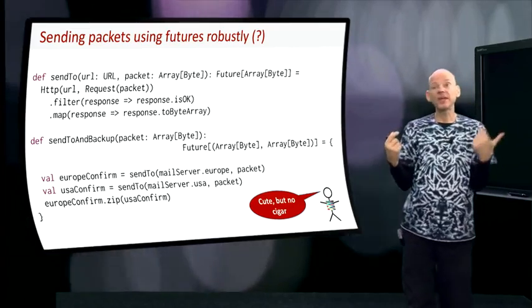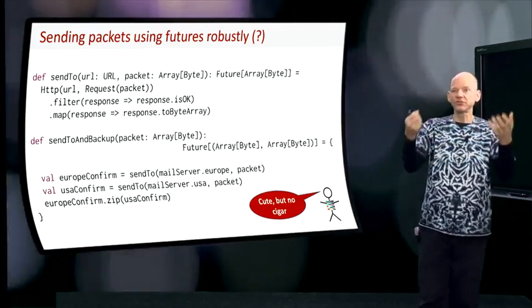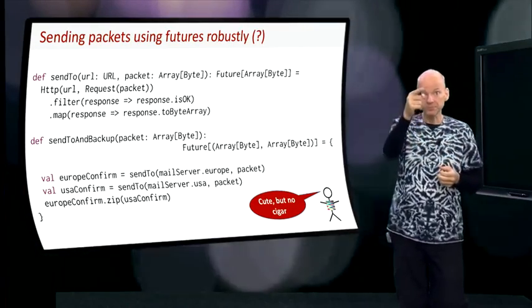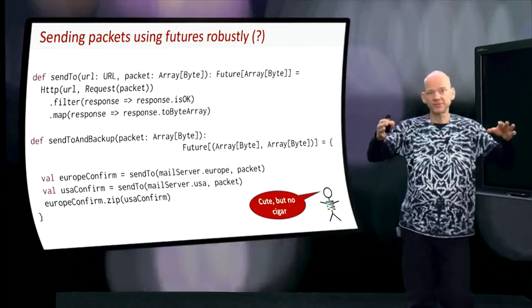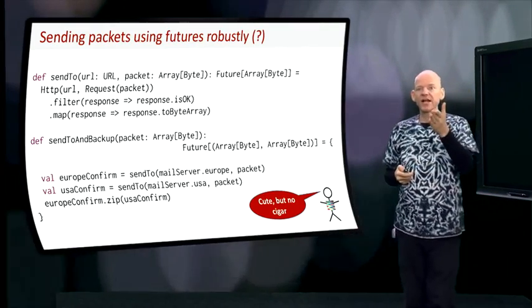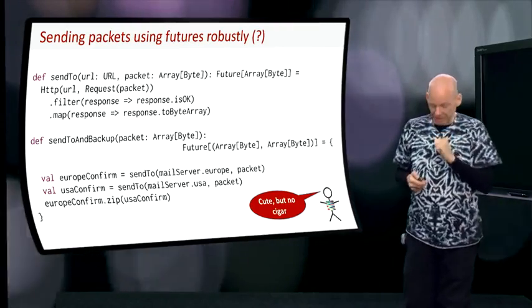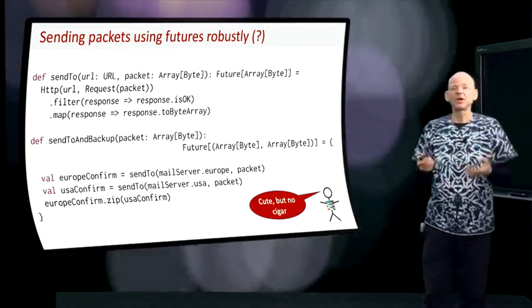So when I'm zipping 2 futures and one of them fails, the whole zip will fail. So even though I'm doing a lot of work to send this packet to both Europe and the US, it doesn't help me because the zip will fail when one of them fails.